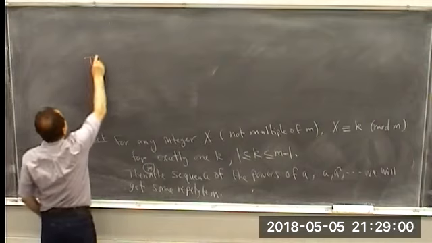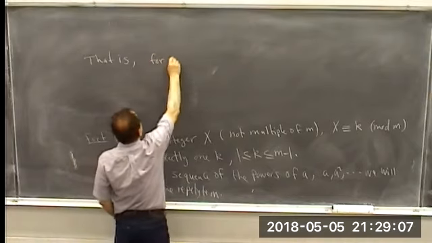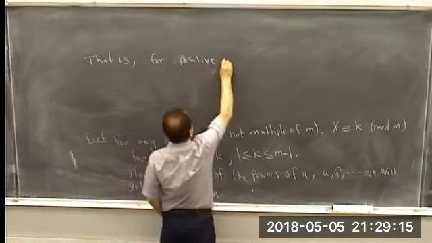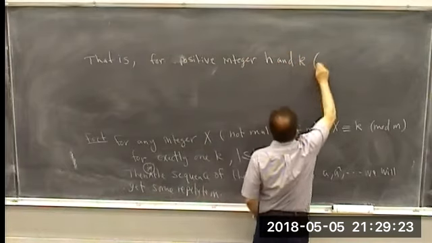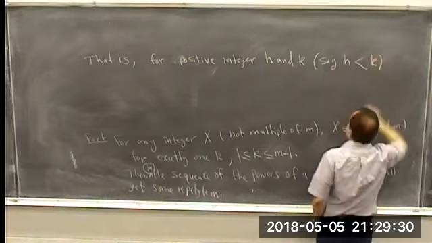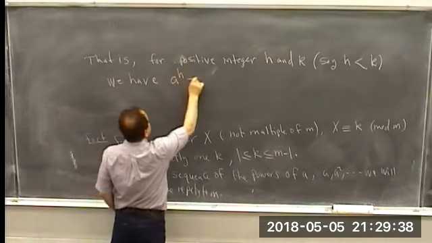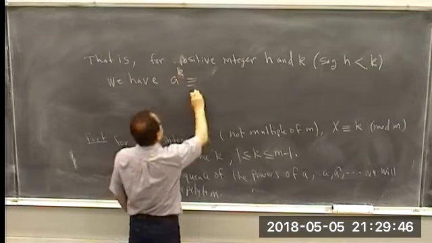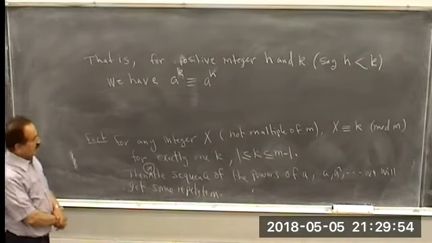That is, for positive integers h and k, let's say h is less than k, we have A to the h is going to be the same as A to the k, the bigger one, mod m.